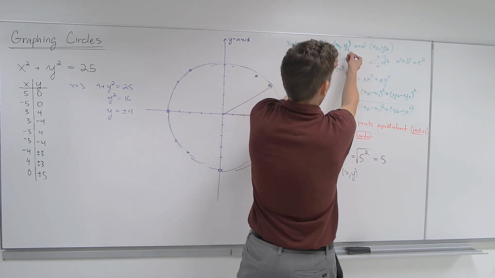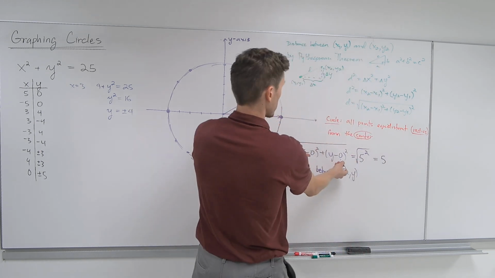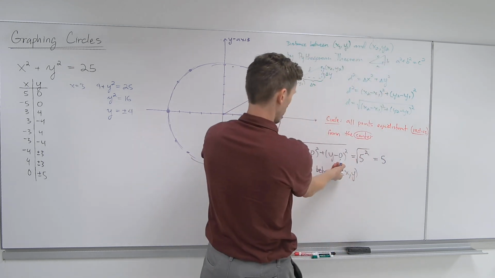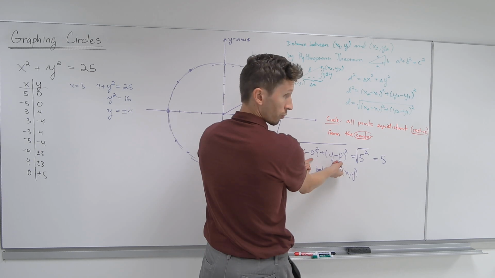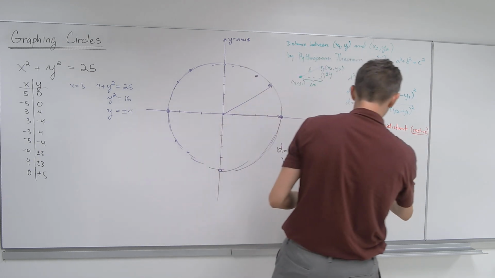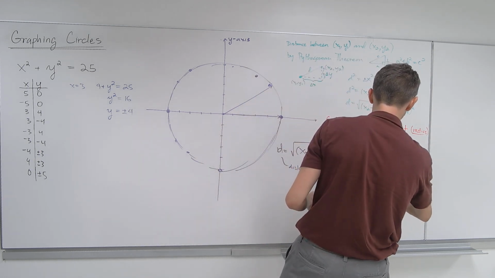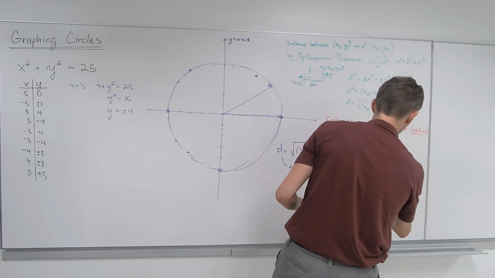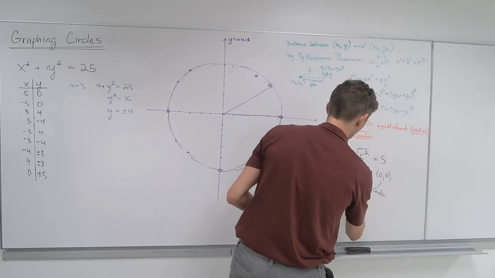Remember x1, y1? Instead of x2, y2, we could put 0, 0. And so this is the origin. This is the center. This is for points in a circle. Let's put a D for distance for now.